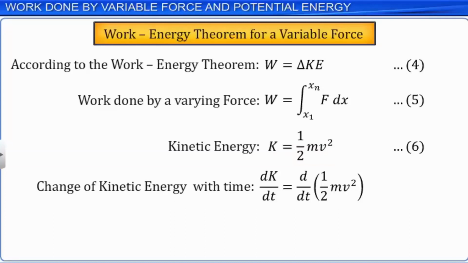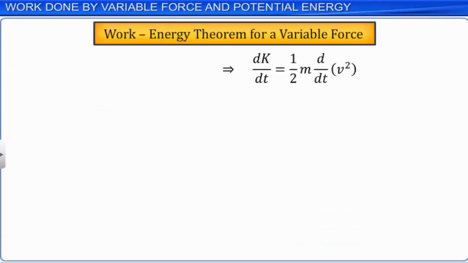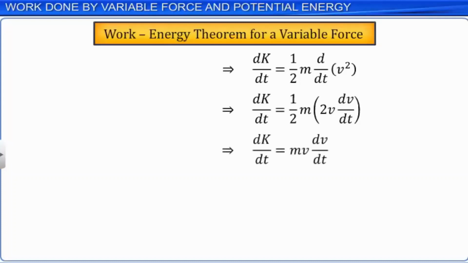Thus, on simplification, we get dK by dt equals half m d by dt of v square. On further simplifying, we get dK by dt equals half m into 2v dv by dt. Thus, dK by dt equals mv dv by dt. This can also be written as dK by dt equals m dv by dt into v.